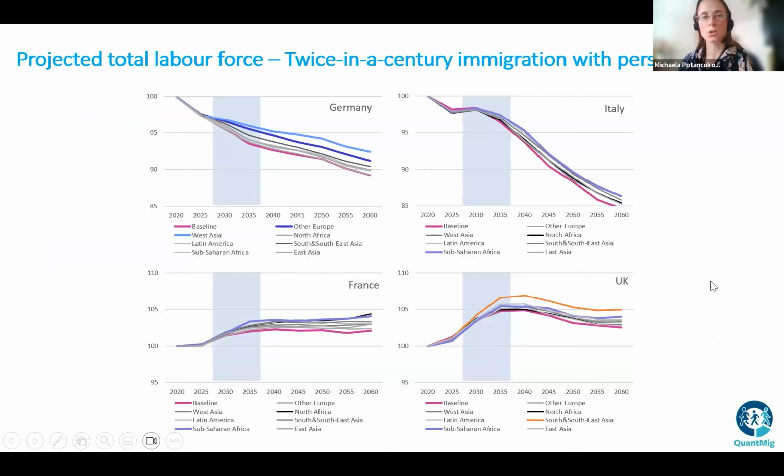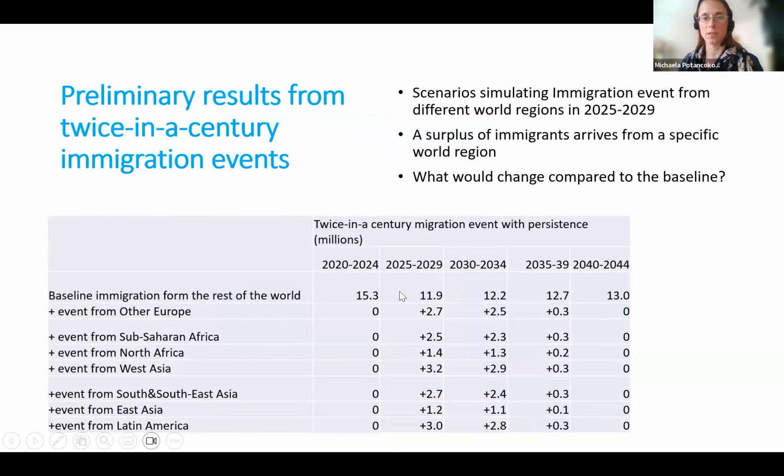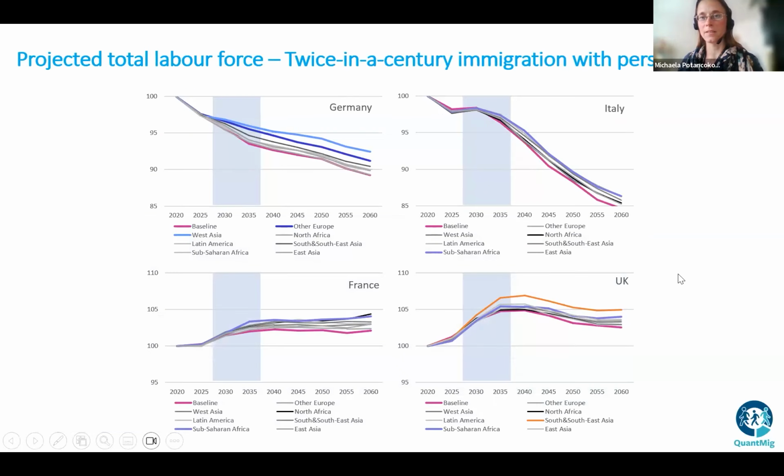Well, actually not so much. Although these numbers may seem pretty high to many policymakers, the relative impact is not so huge. And this impact we observe only from those world regions where there already is an established corridor or established diaspora, and mostly in these destinations, and only if this is a persistent shock.